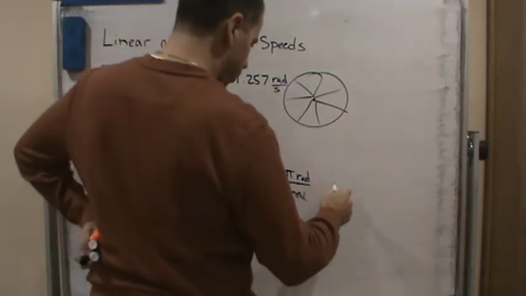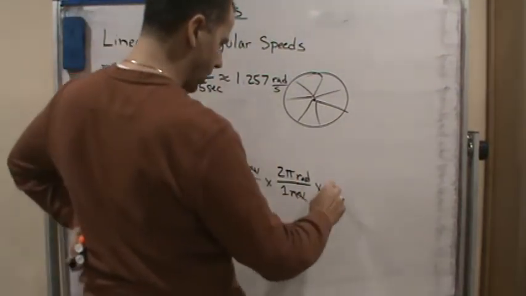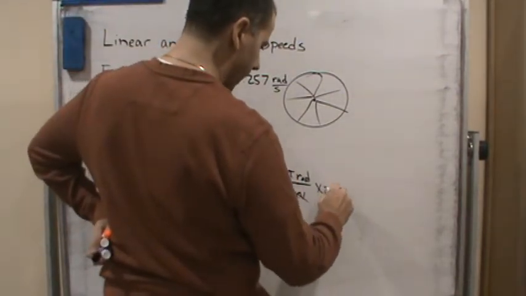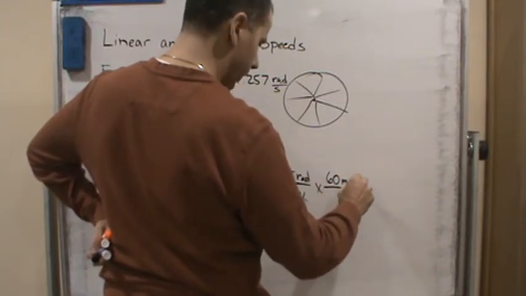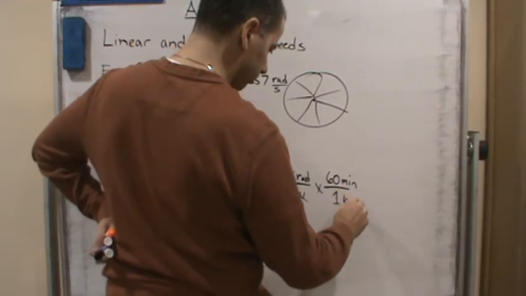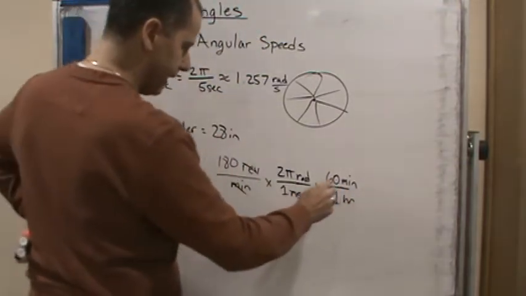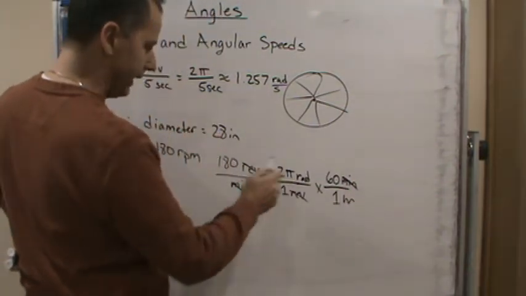So I need to get rid of the minutes here, so I need hours on the bottom. I'm going to multiply it by 60 minutes for each hour. Now minutes cancels with minutes, and I've got hours on the bottom and radians on top.